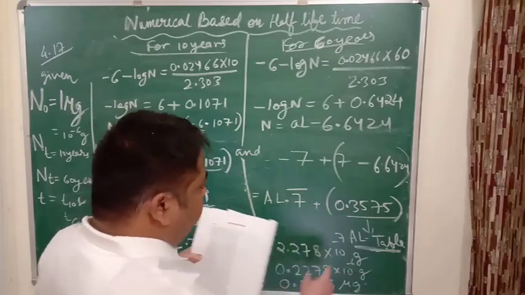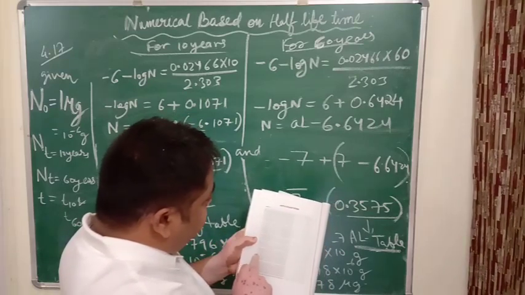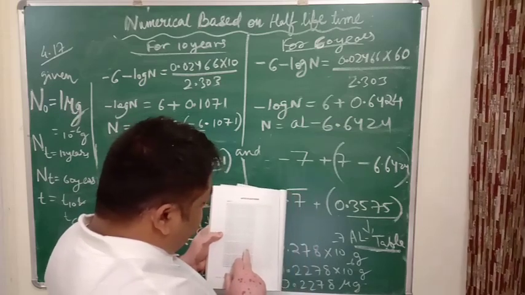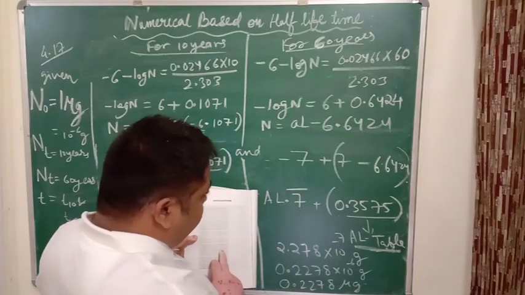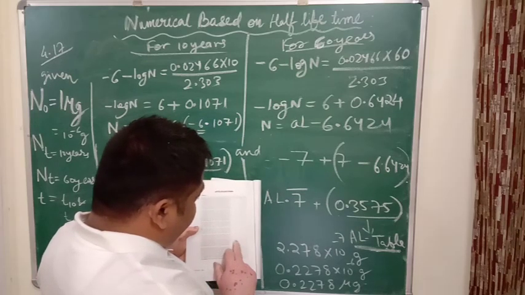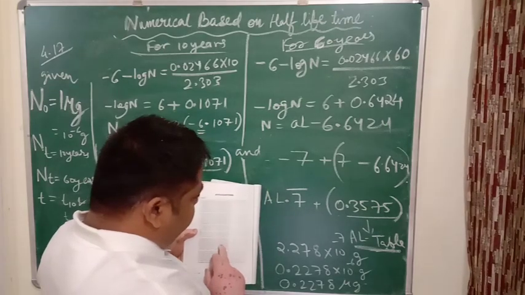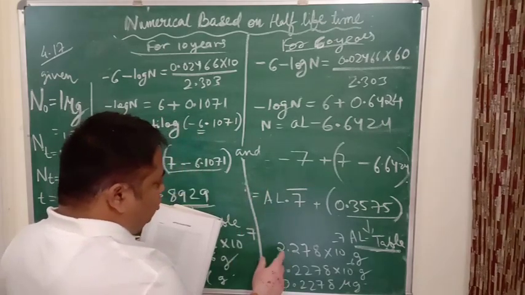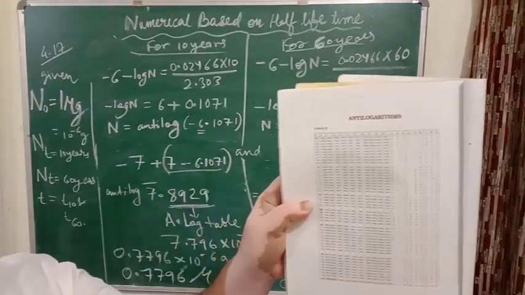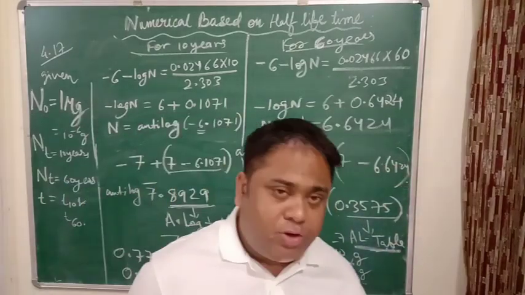See, if I have to find NT-log for 0.3575, I will look at 0.35 under 7, which is 2275, and then the mean difference of 5. The mean difference of 5 is 3, so 3 is added, it becomes 2275 plus 3, so 2278, and 1 decimal will be put here, so 2.278 into 10 to the power minus 7. Alright, so this is the table we have to use. This table will also be provided to you in the examination, but you have to ask for it.